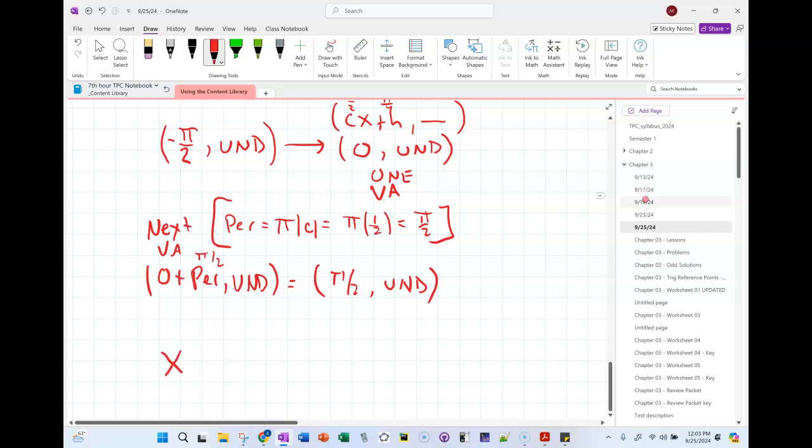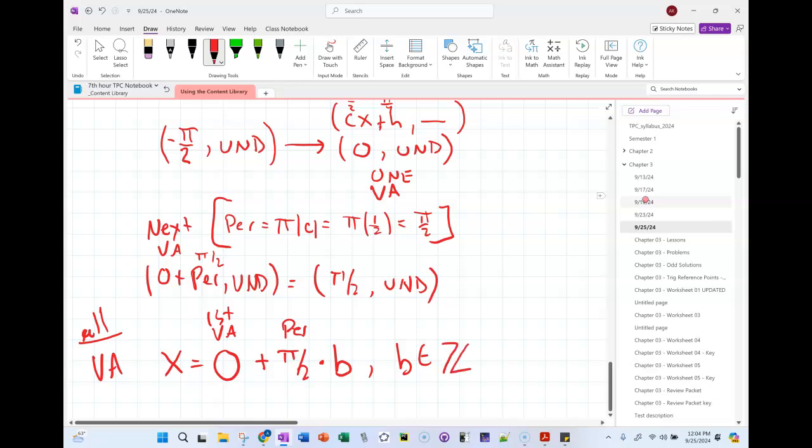Or I can write the general formula for all my vertical asymptotes: that first vertical asymptote plus the period times this constant, where that constant can only be an integer.